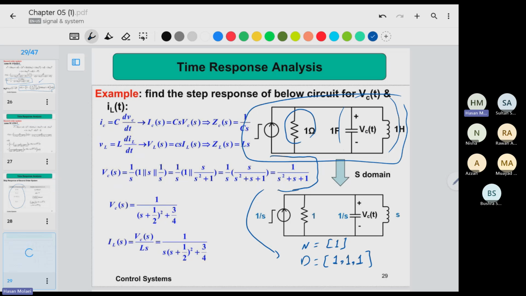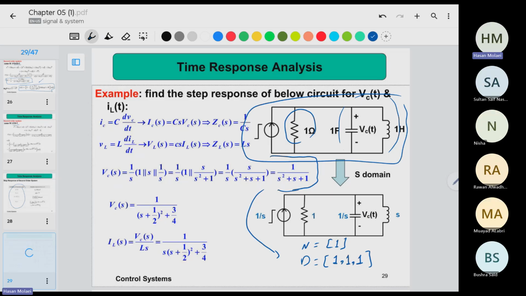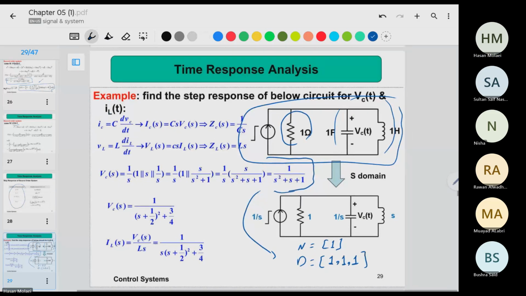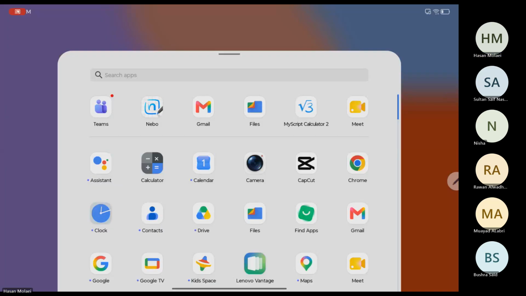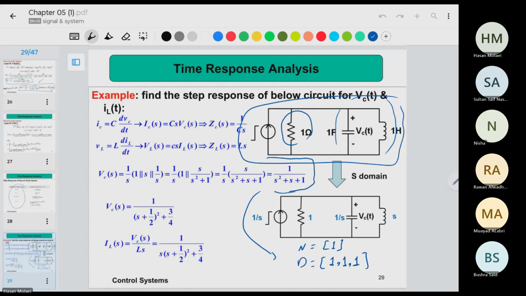When I'm increasing the resistor, we are going toward underdamped. When I'm decreasing the resistor, we are going toward overdamped. You can easily find it by the overshoot in the lossless situation.